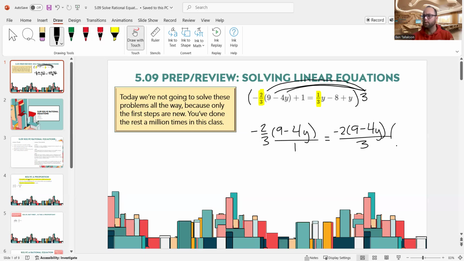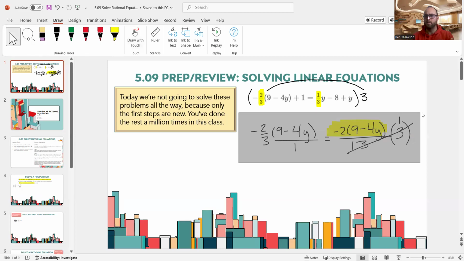And then if you were to multiply this times 3, those would cancel out, and this 3 goes into 3 once, 3 once. All you would be left with is this, right? So for that reason, we do not actually multiply 9 times 3 and -4y times 3. Make sense?